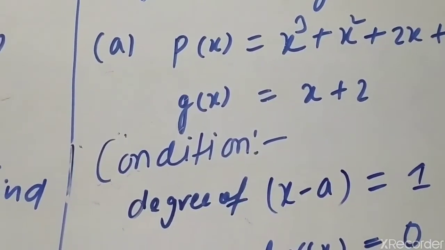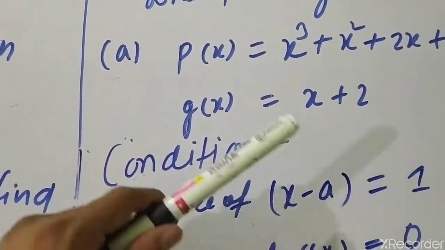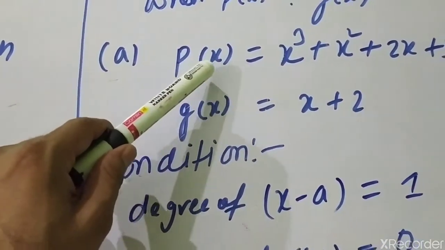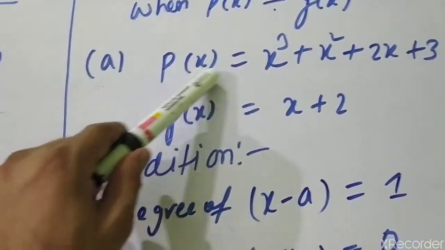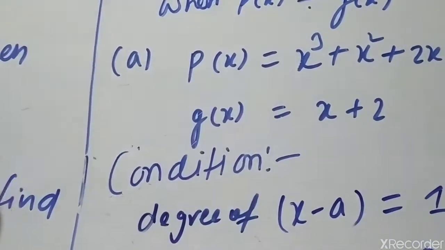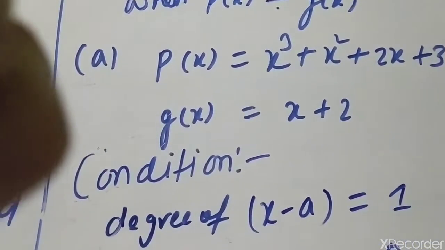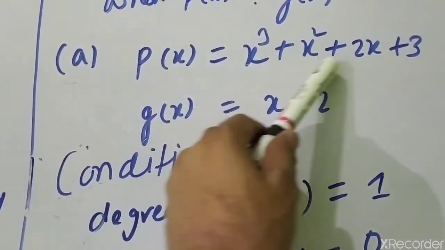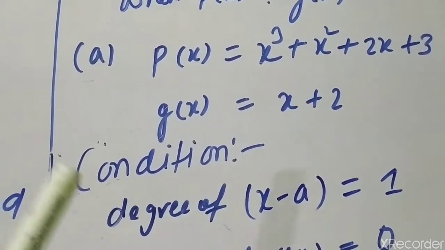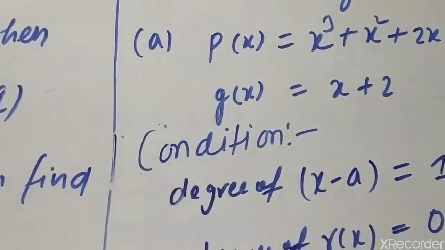This minus 2 value you substitute into p of x. Whatever value comes after substituting minus 2, that value is the remainder. Got my point? So we are going to calculate it also.